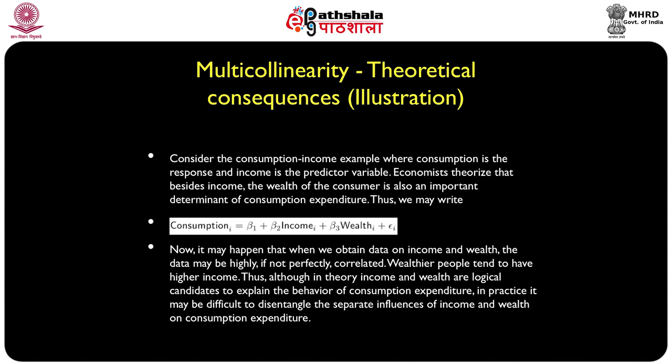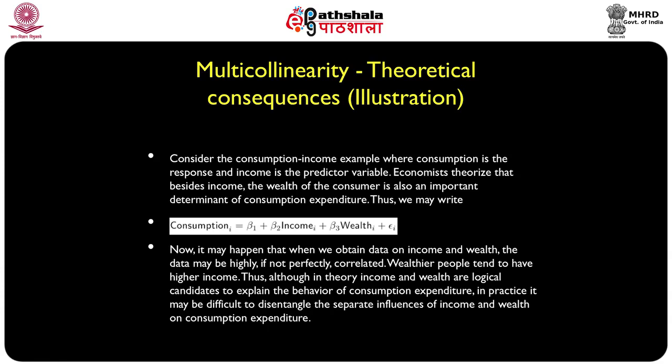Let us illustrate the theoretical consequences of multicollinearity using an example. Consider the consumption expenditure and income example, where consumption expenditure is the response and income is the predictor variable or the explanatory variable. Economists believe that besides income, the wealth of the consumer is also an important explanatory variable to determine the consumption expenditure of an individual.